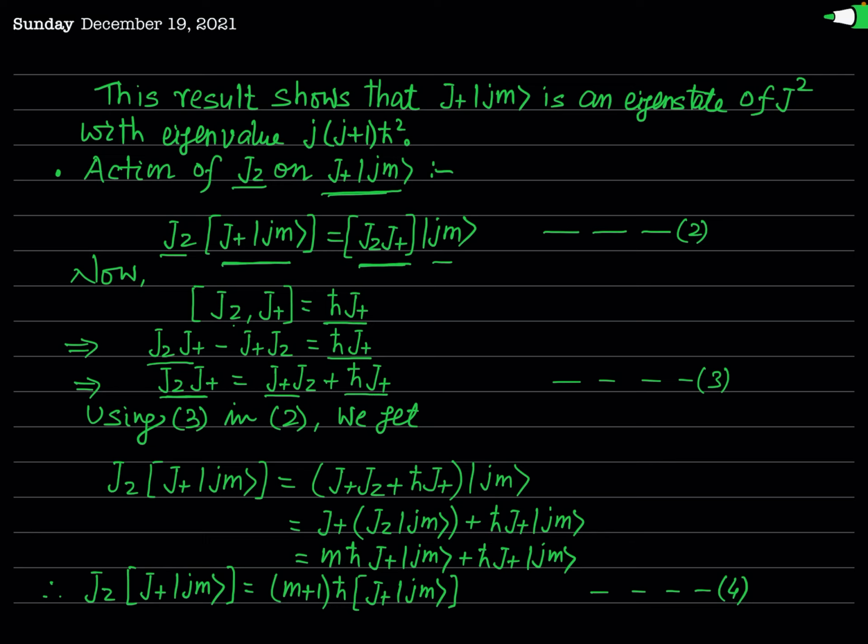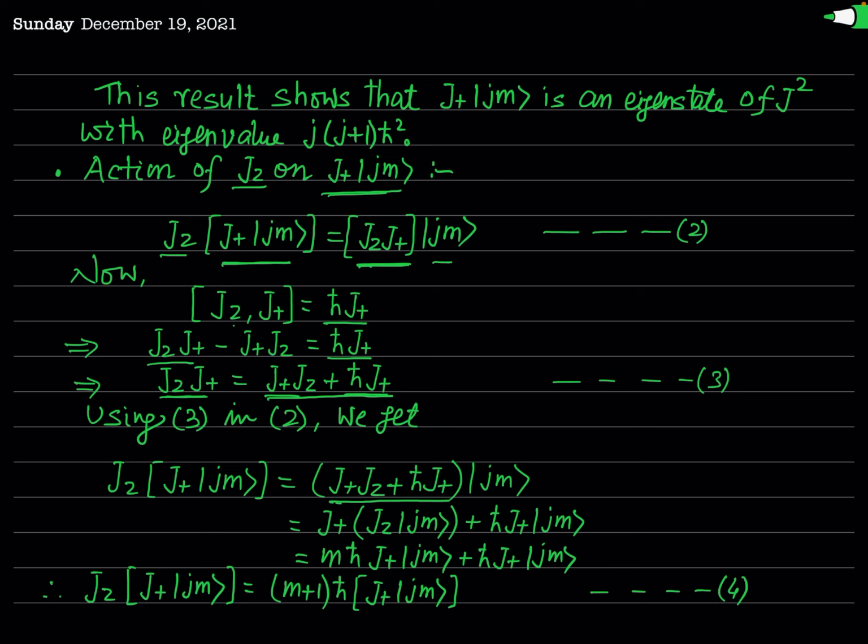Now we will use this result which we have obtained in equation 3 in equation 2. So the Jz J+ in equation 2 will be replaced by this expression J+ Jz plus ħ J+. You can see I have replaced, in the RHS of equation 2, Jz J+ by J+ Jz plus ħ J+.